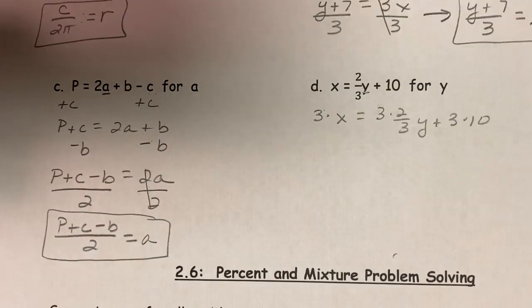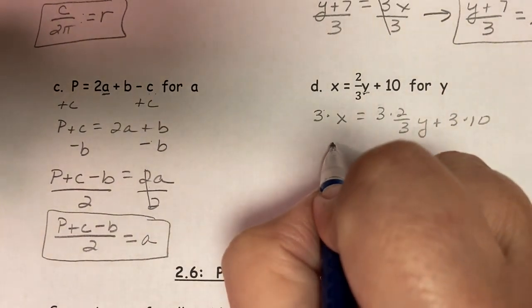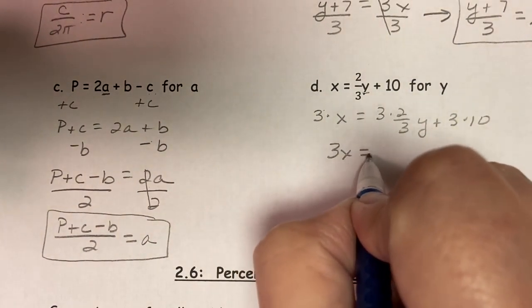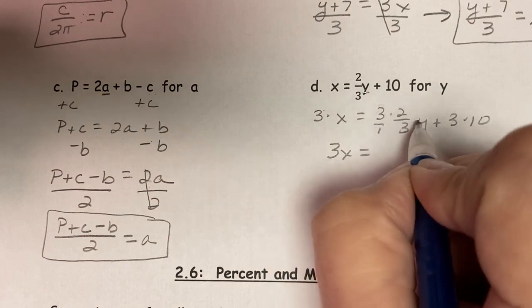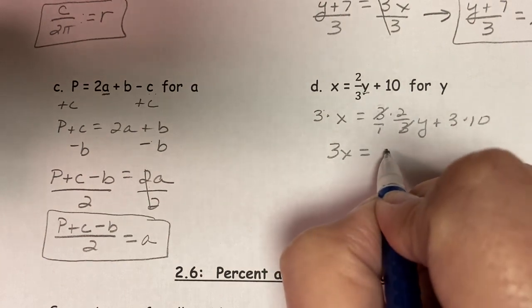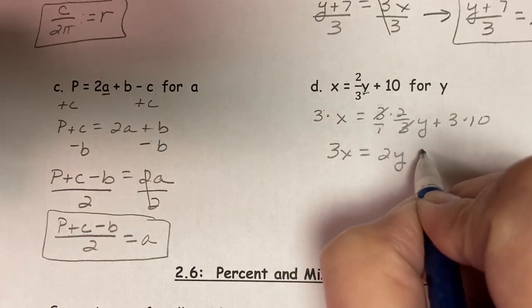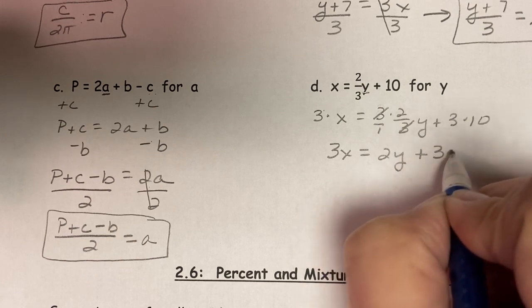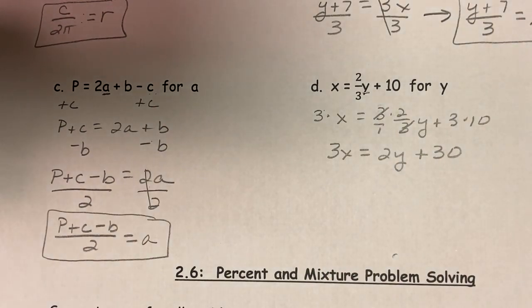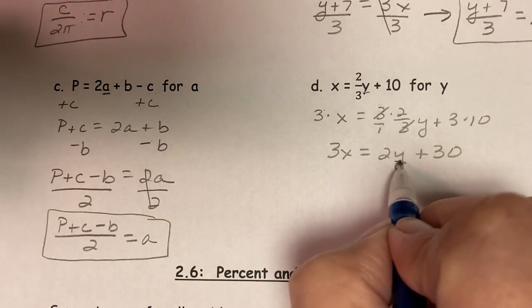So we're eliminating the fraction. So that's going to give me 3x equals, now this 3 is over 1, so those are going to cancel. That leaves me with 2y plus 3 times 10 is 30. So at least I don't have fractions anymore. So now I need to isolate the y.